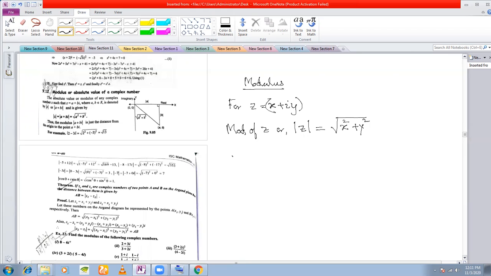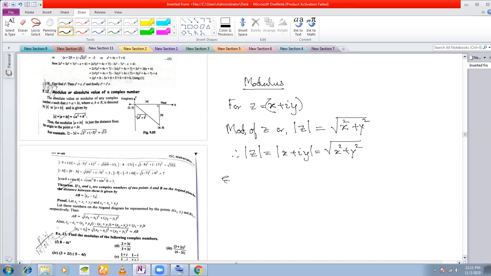So mod of x plus iy is equal to root over x square plus y square. So what you see is that the modulus of any complex number is actually a real number always.